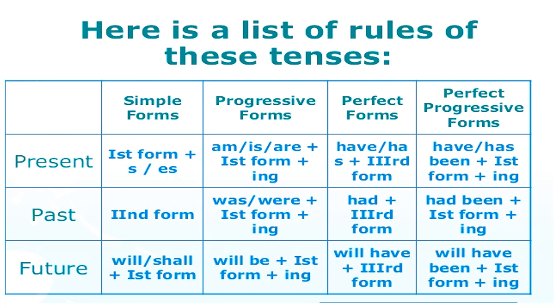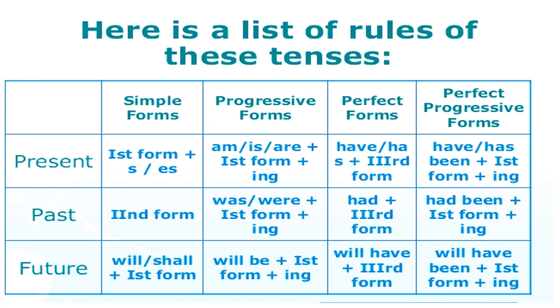The second one, past tense. For simple case, we use second form or past form of the verb. Progressive forms, we can use was for I, he, she, it. Were for they, we, you, plus first form plus ing.